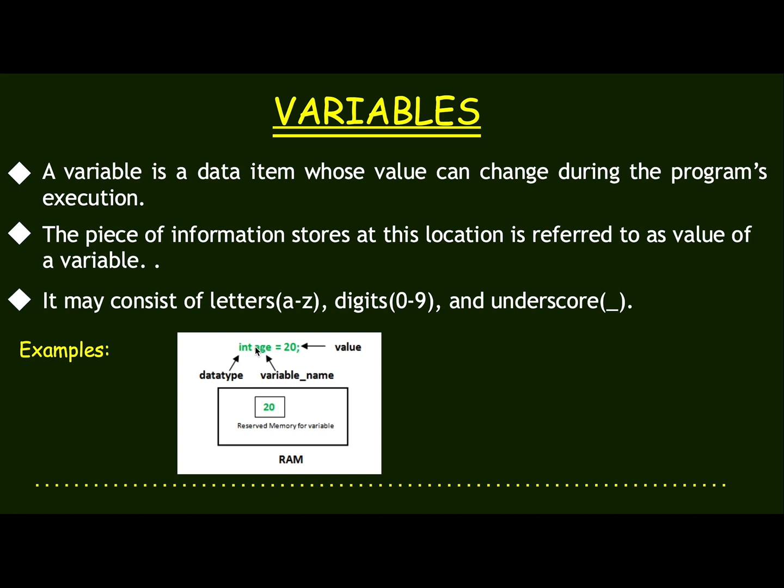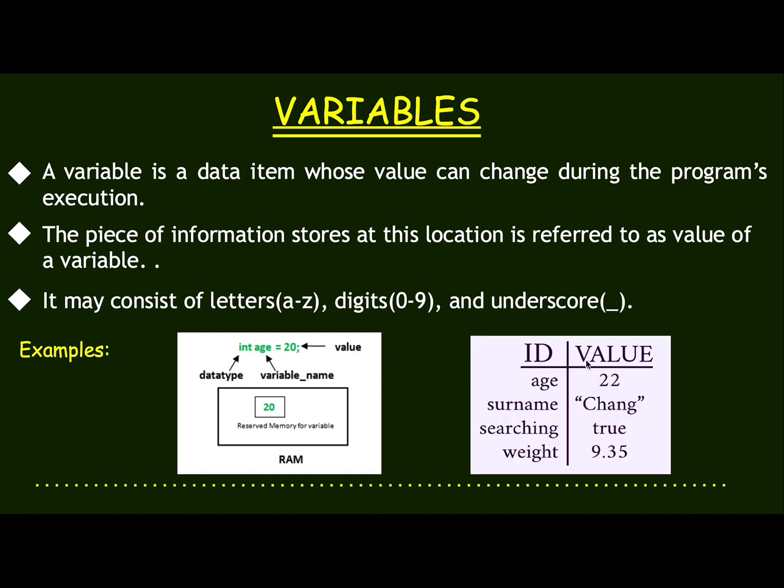Now let's look at another one here. We have the ID and the values. In a program, the first one here, which is age, is the variable name. This one too is a variable name. Sign name is a variable name.